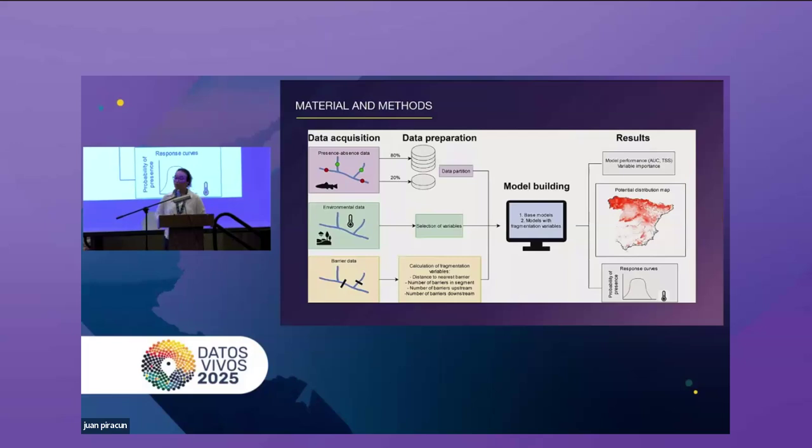After all this data acquisition, the data was prepared for the modeling. The presence-absence data was partitioned into a training dataset and two test datasets to test the individual models and the ensemble models, which were the final product of the work. The environmental data I already talked about, and the barrier data was used to calculate some fragmentation variables.